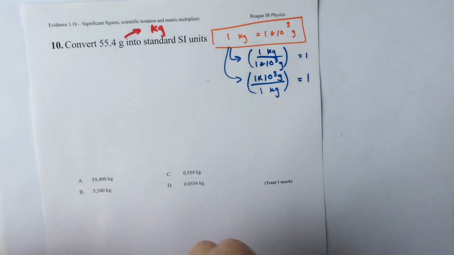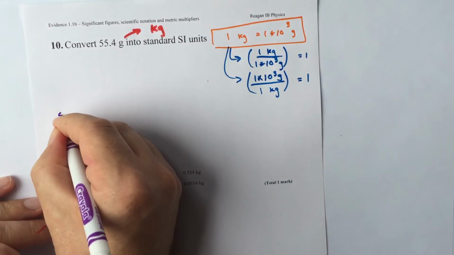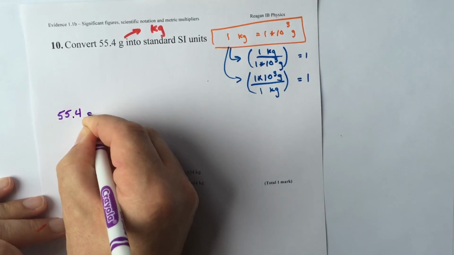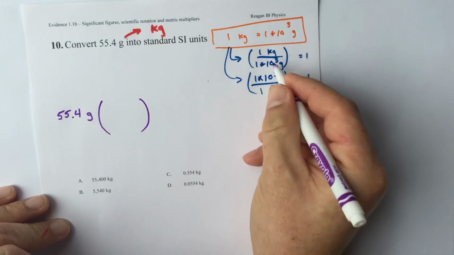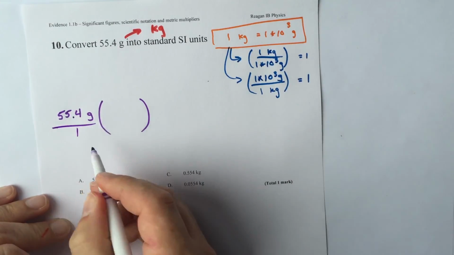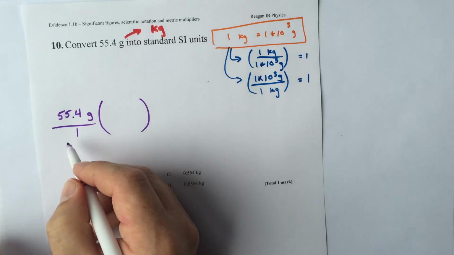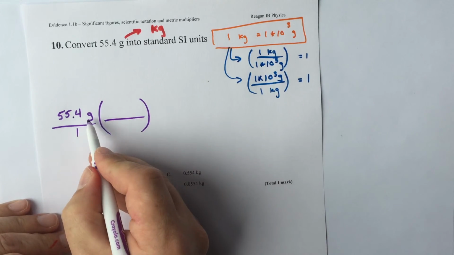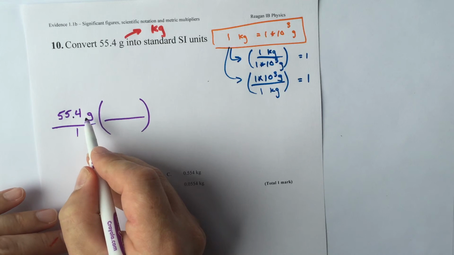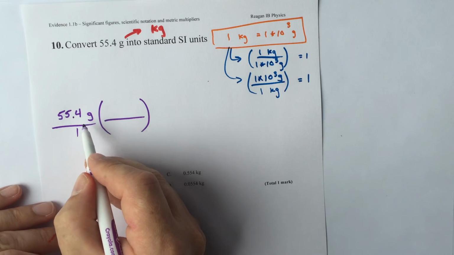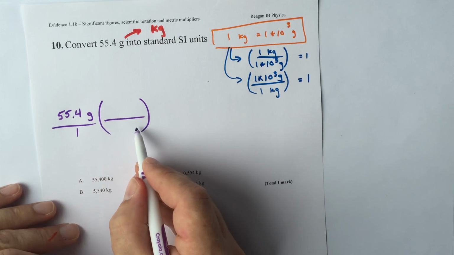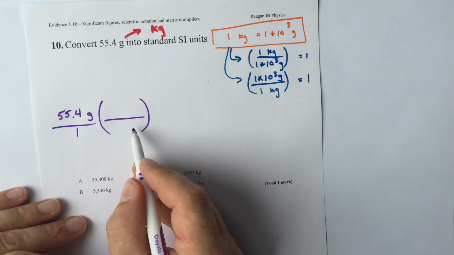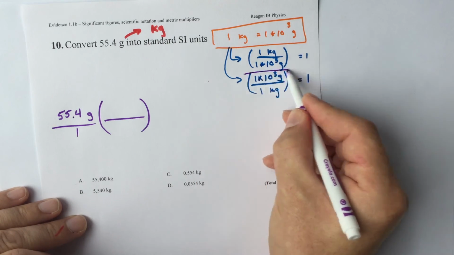All right. So let's work on our problem here. We have 55.4 grams. We want to convert by multiplying by one of these factors. When we multiply fractions, I'm going to make that a fraction by putting it over 1. In order to cancel grams and get into kilograms, I want to cancel this gram in the numerator, so I'm going to need a gram in the denominator. That's what tells me which of these two fractions I want to use.